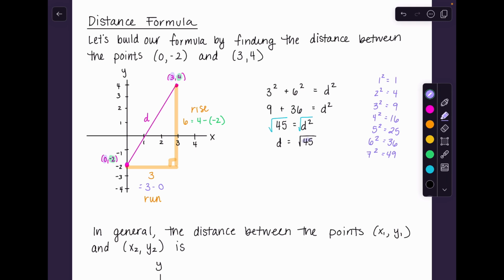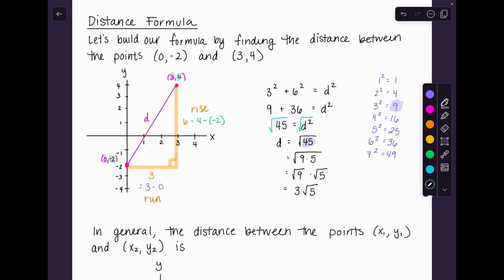So I want to see, is 45 divisible by any of these numbers? And indeed, it is divisible by 9. If you take 45 and divide it by 9, you will see it is 5. So we can actually write this as 9 times 5. Then I can take the square root of each of these, and the square root of 9 is going to be 3. So the distance between these 2 points exactly is 3 square root of 5.